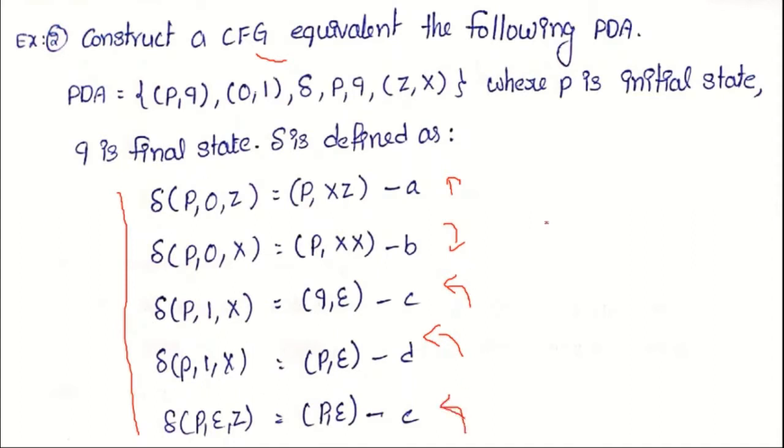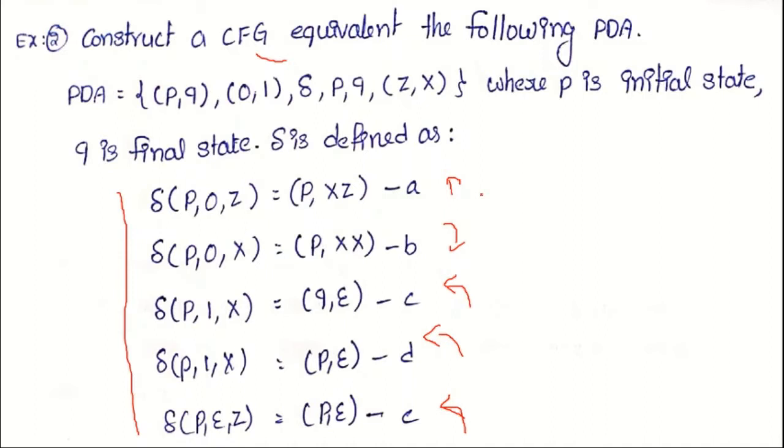As we discussed in the last video, when we convert from pushdown automata to context free grammar, a push instruction requires four production rules. The number four is not fixed; it depends on the number of states. Here the number of states is 2, p and q, so that's why it requires 4.